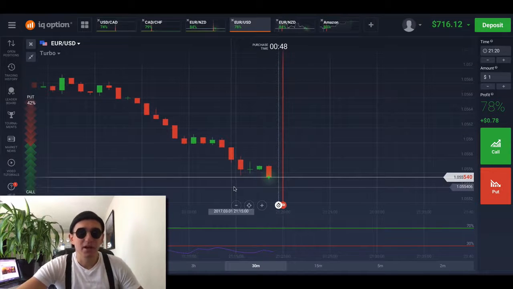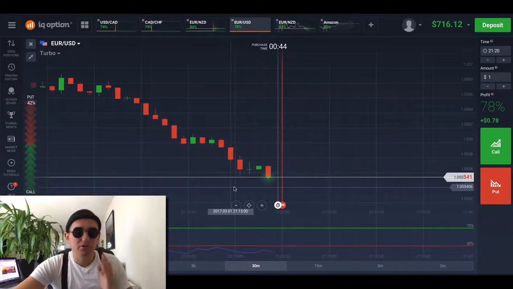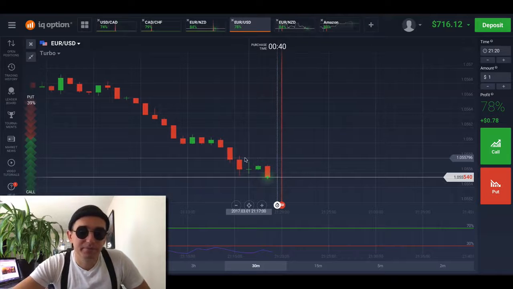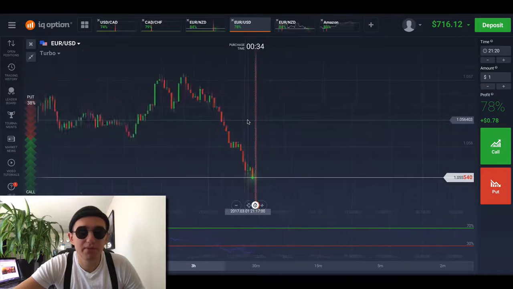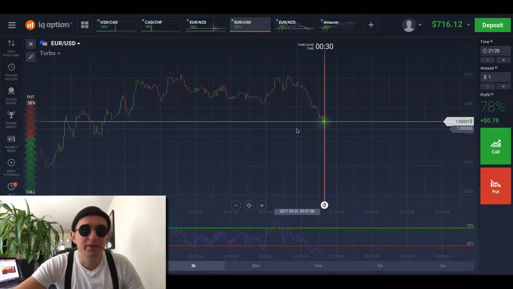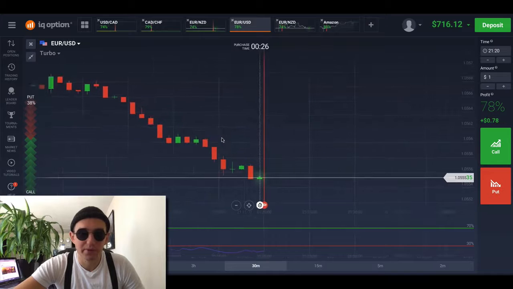The answer is no. It's not working all the time, but it is working most of the time when a consolidation pattern is identified. So in order to trade this successfully, go on the bigger time frames, identify the triangle or a range, and then trade it on the lower time frames with the RSI.